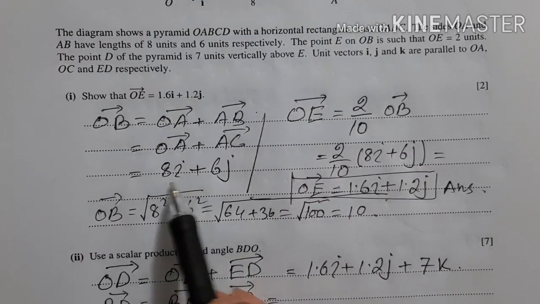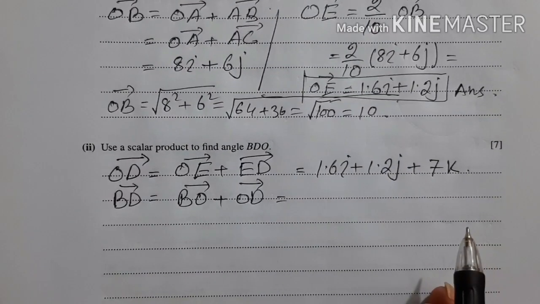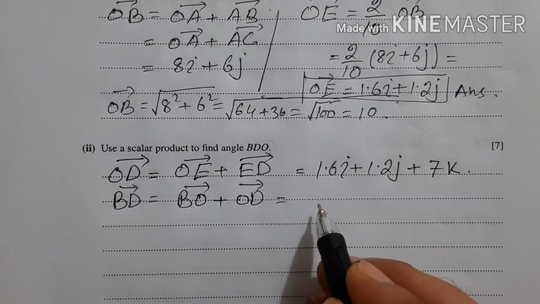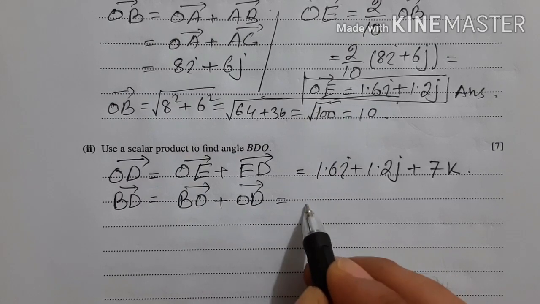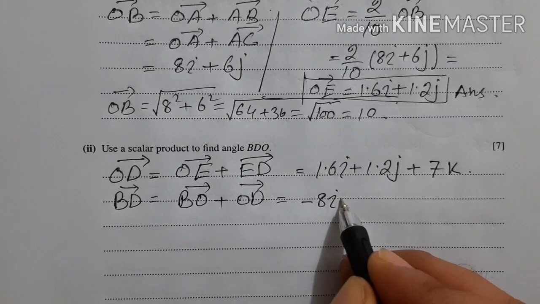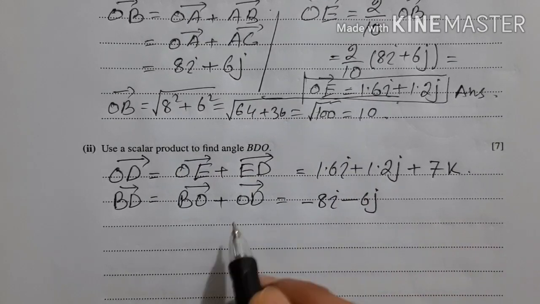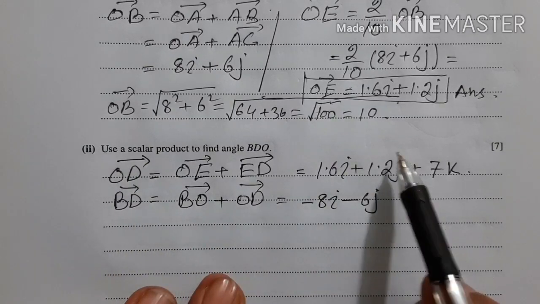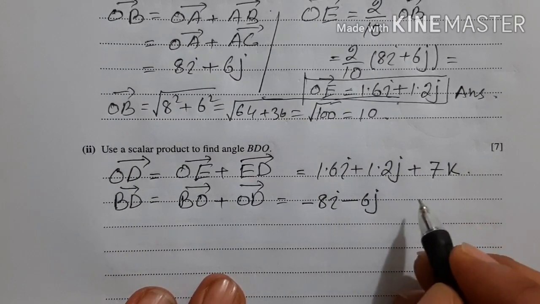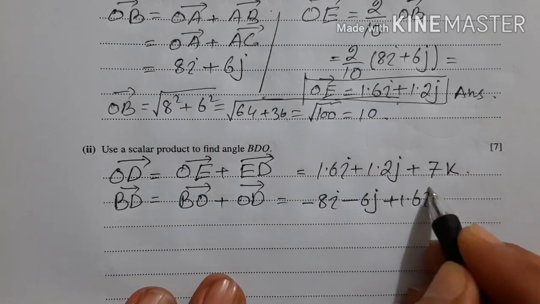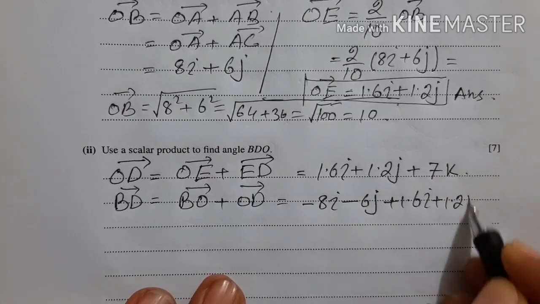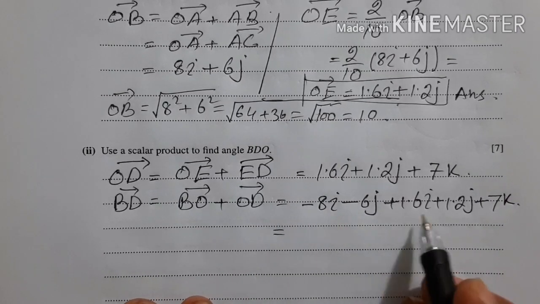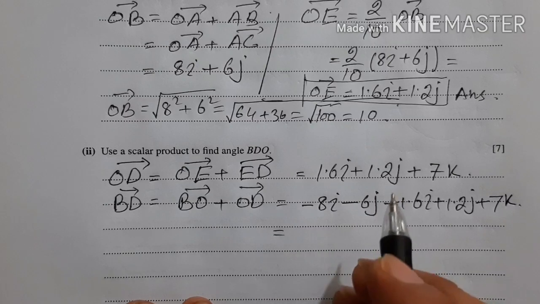OB is 8i plus 6j, so we'll use the negative of this, minus 8i minus 6j, and OD is the one we already found, plus 1.6i plus 1.2j plus 7k.